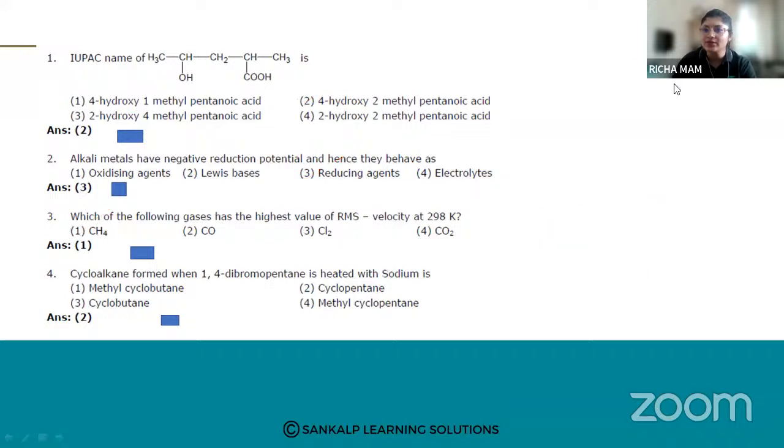So this is your structure. Let me write it again. The structure is CH3, CHBr, CH2, CH2, CH2Br, numbered one, two, three, four.